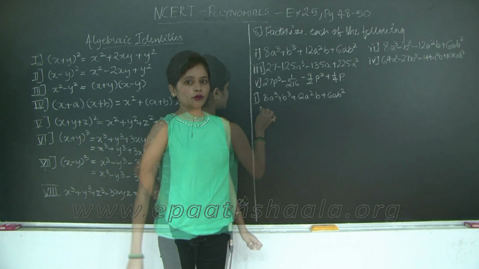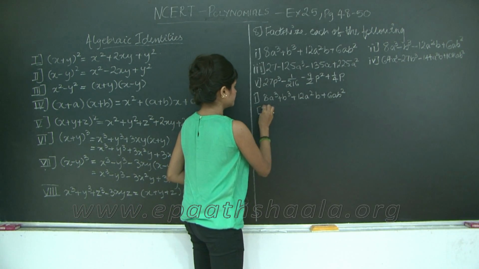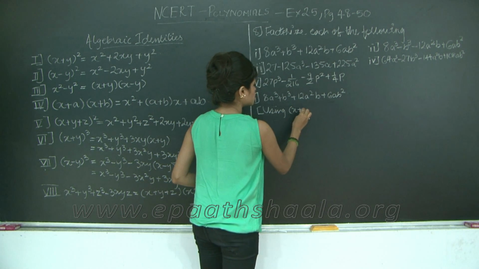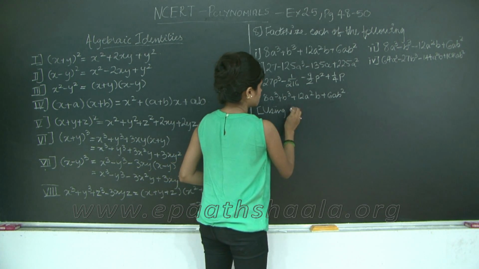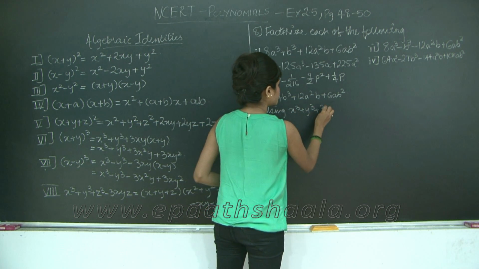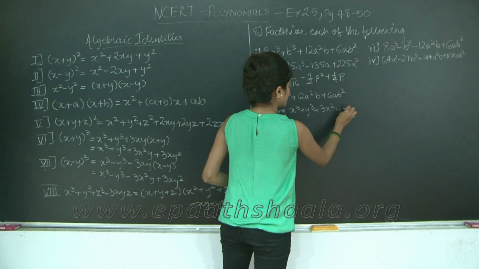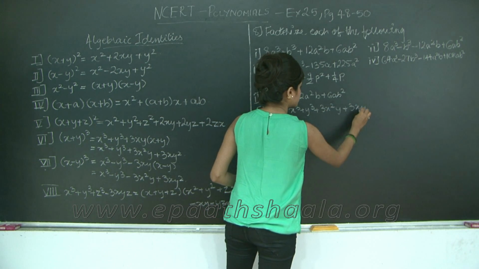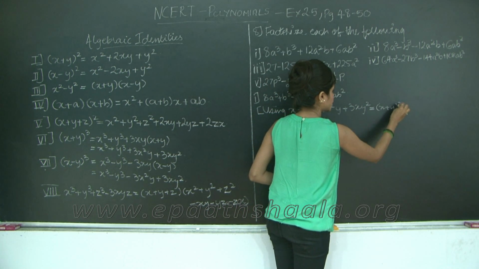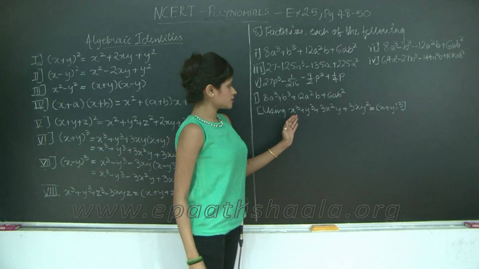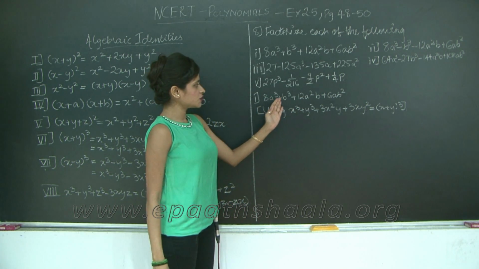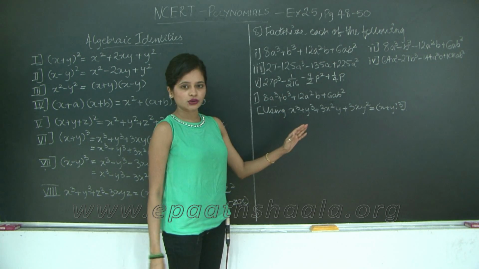Okay, so I'm going to say, using my sixth identity, x cube plus y cube plus 3x square y plus 3xy square is equal to x plus y the whole cube, right? Now see, the first two terms over here are perfect cubes. So we need to convert these into perfect cubes.